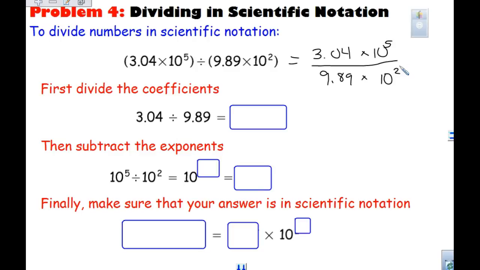So I start off, and the first step it says is divide the coefficients. So on your calculator, this line, remember, means division. You're going to put in 3.04 divided by 9.89. Do that on your calculator right now.